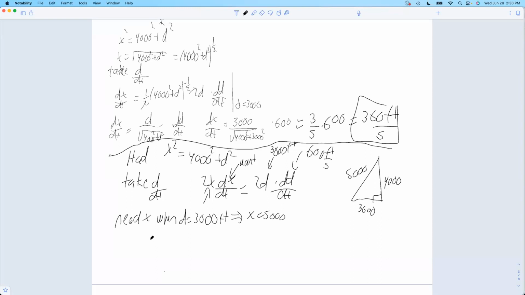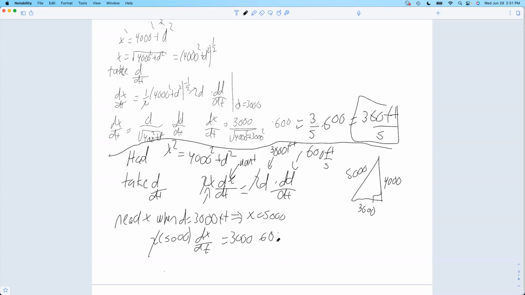So I get 2 times 5,000 dx dt, the guy I'm actually interested in at this particular moment. In fact, look, the 2's just cancel. We don't even need to worry about that 2, right? That'll equal 3,000 times dd dt. Well, I know that.